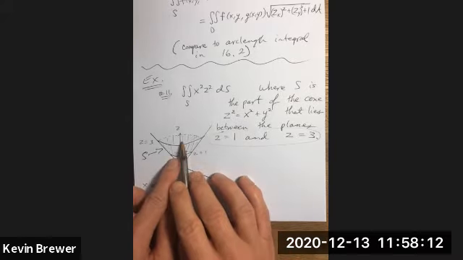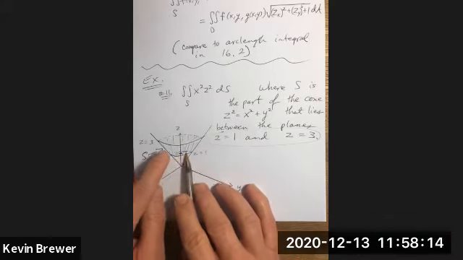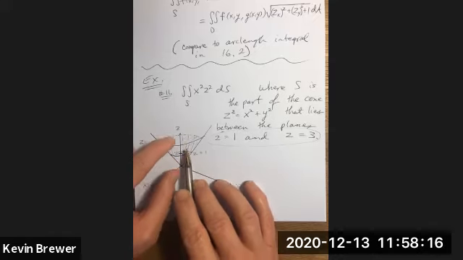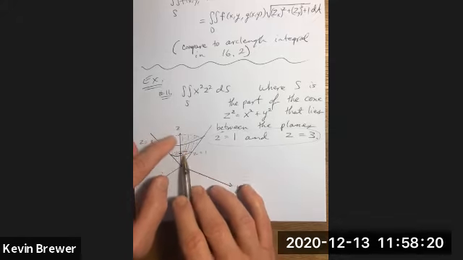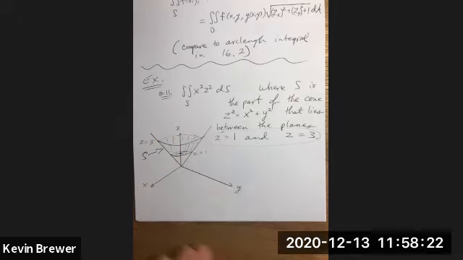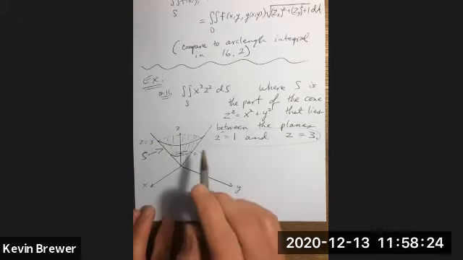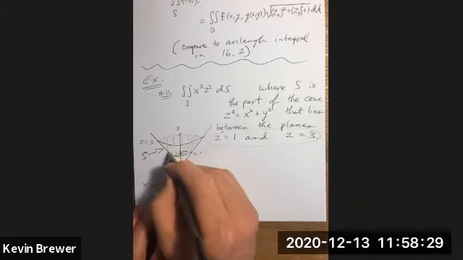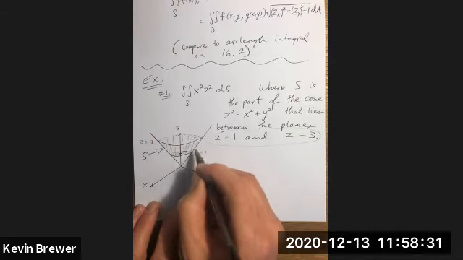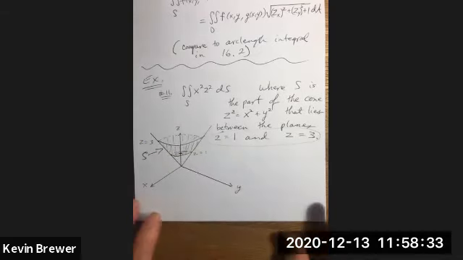I perhaps should not shade anything in here. The top and bottom, the caps, are not part of the surface, but it's good to indicate that it's intersecting those planes, and the only part of the surface is the cone.